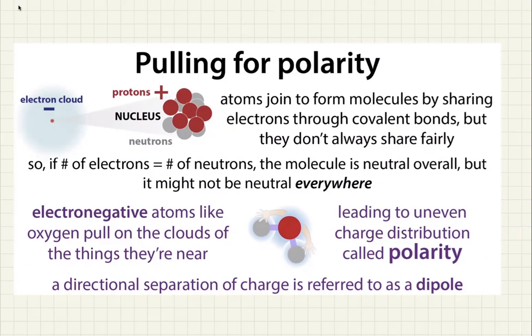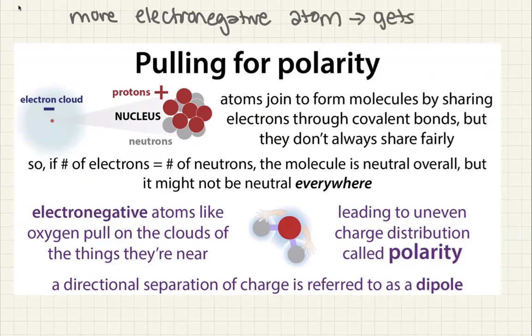And if you have one atom that's more electronegative than the other, it's going to pull electron density towards it, and you're going to end up with a bond that is polar. So the more electronegative atom gets more electrons, and those electrons, remember, are negative, so it's going to have more negative charge.